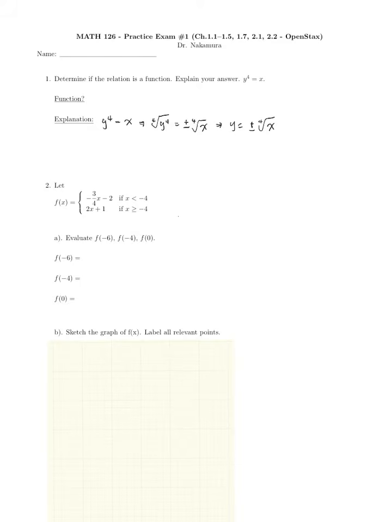Now notice that y is not just one function of x. We have two functions, which is positive 4th root of x and negative 4th root of x. So that tells you that it is not going to be a function, because it means that we get two outputs corresponding to the same input value. Let me just write that out because I need to explain myself.